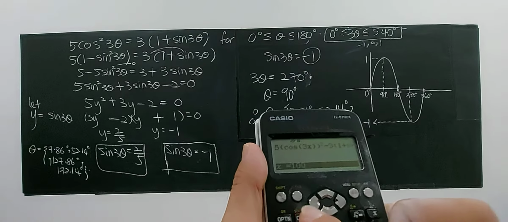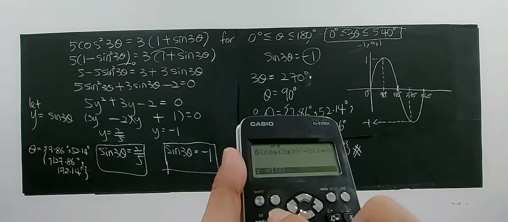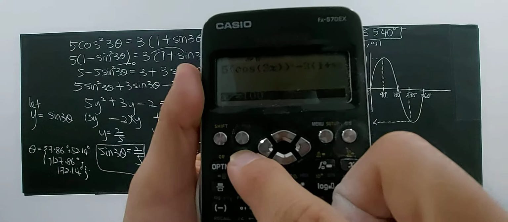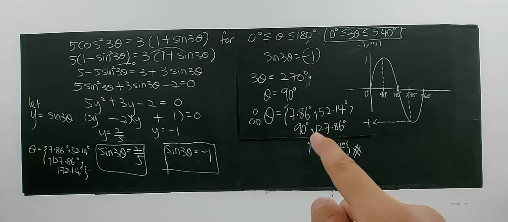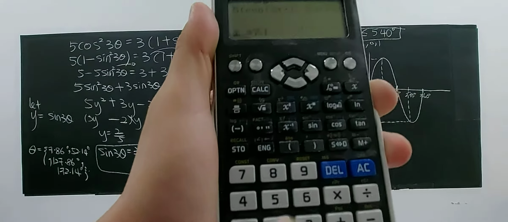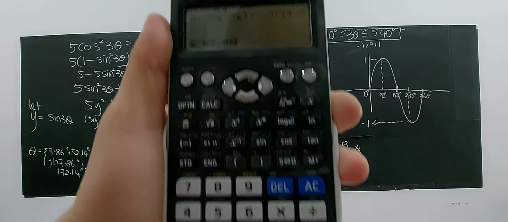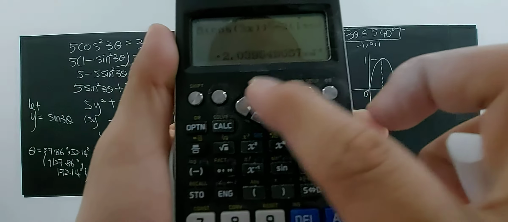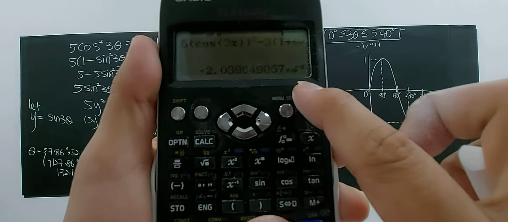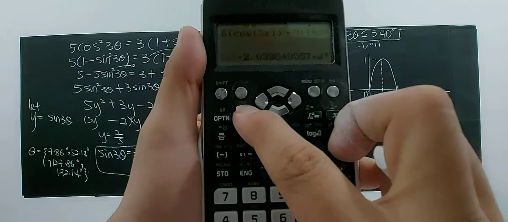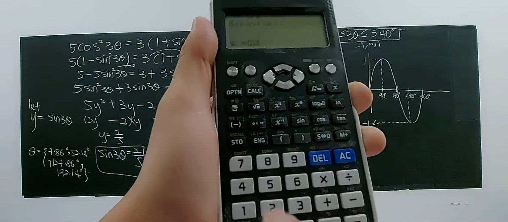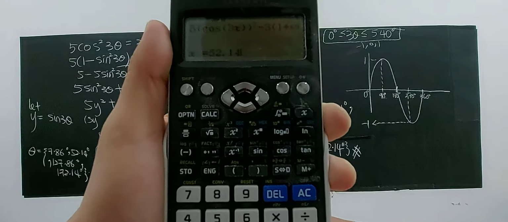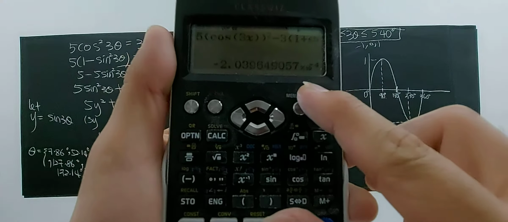If not 0, it means the solution has a problem here. So I calculate the first one, which is 7.86. I key in 7.86 and press equal. Then you see, I'm getting a number very near to 0. So I calculate again, 52.14. I also get a number very near to 0.